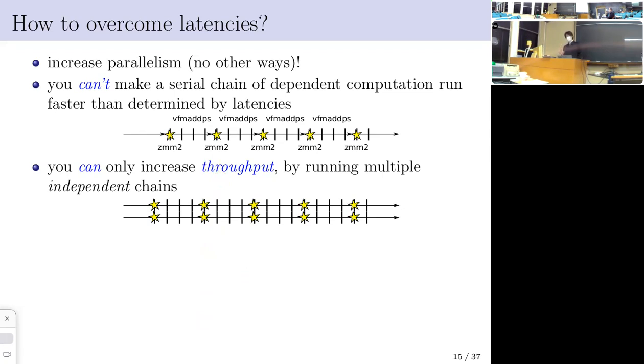In other words, you simply do other things, some other computation that does not depend on the first chain of computations. Then the processor might be able to execute these 2 instructions in a single cycle, because there are no dependencies between them.